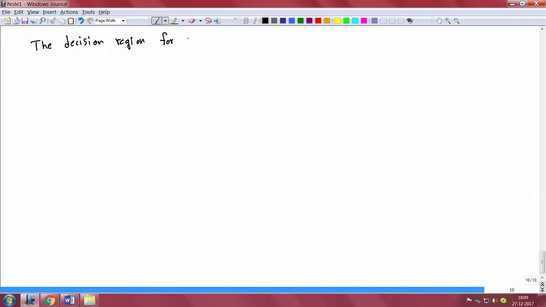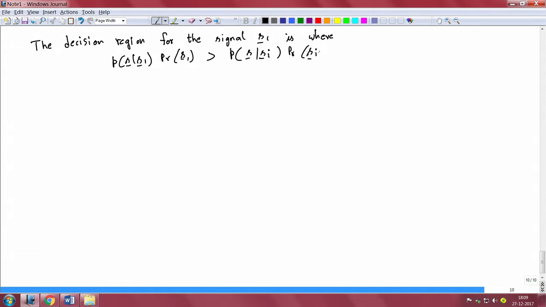So, the decision region for the signal, let us say we pick a particular signal S1, is where this probability that we have written down earlier times probability of S1 is greater than the same probability for any other signal Si, for all i equal to 2, 3 and 4.